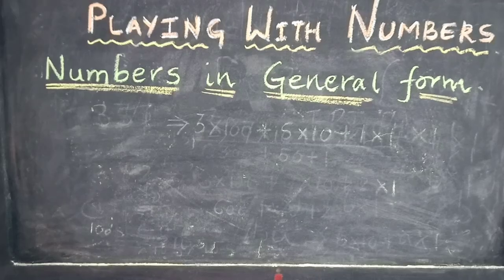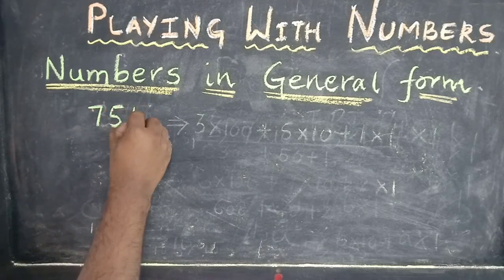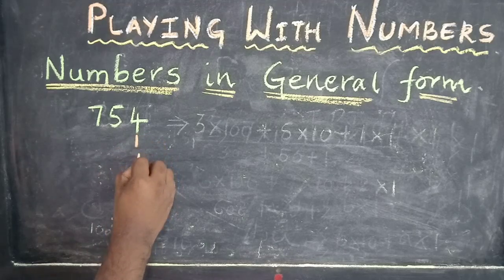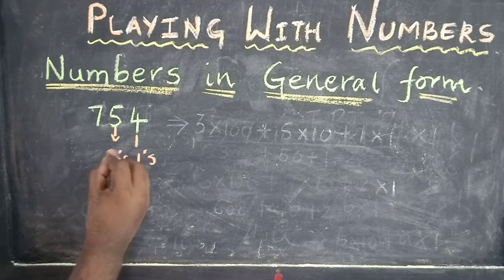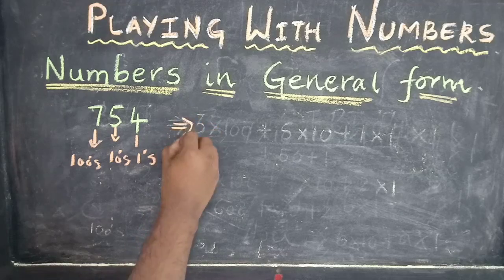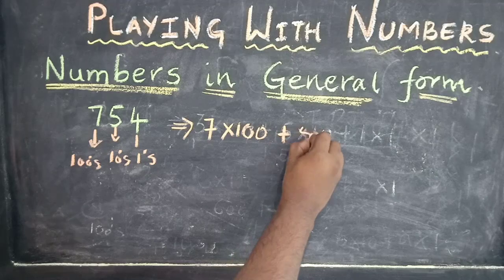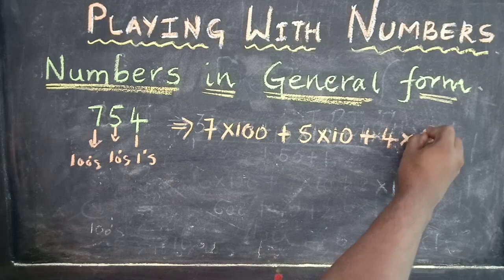Now students, let me consider one more example, 754. Here I can write it as 4 times ones, 5 times tens and 7 times hundred. That is 7 times hundred plus 5 times 10 plus 4 times 1.